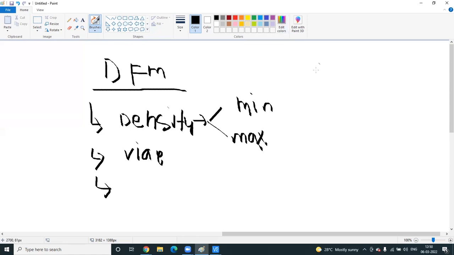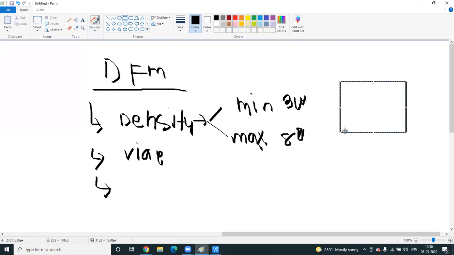So minimum you have to follow. Suppose M1, this will be common to metal density, oxide density, poly density. For a certain rule, like minimum 30% you will do, maximum 80%. Means how it will be calculated: certain area is there, depends upon technology. So this much area you have to see, minimum 30%, maximum 80%.